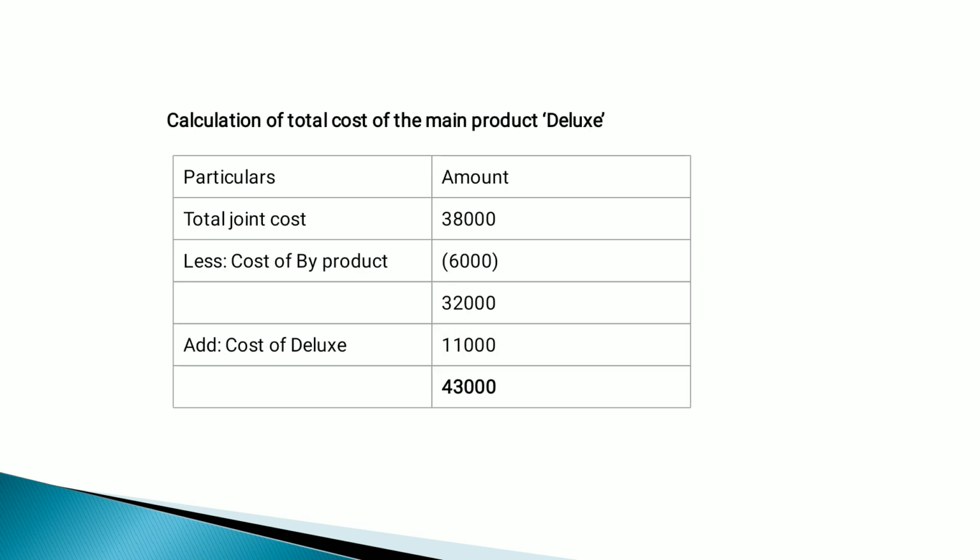And the calculation of the total cost of the main product deluxe: first, total joint cost is 38,000, and less the cost of byproduct, which is 6,000. After we subtract it from the total joint cost, we get the amount 32,000, and add the cost of deluxe, 11,000, and we get the amount as 43,000. So the cost of deluxe is 43,000.